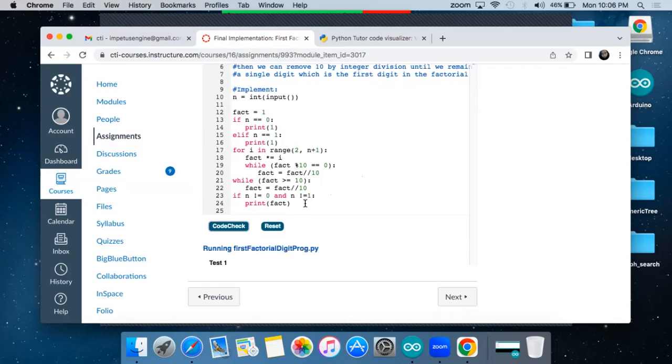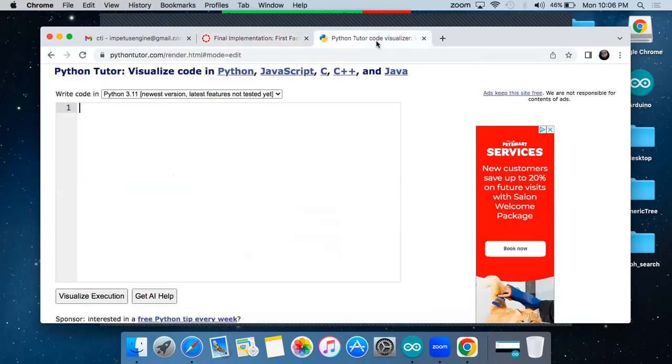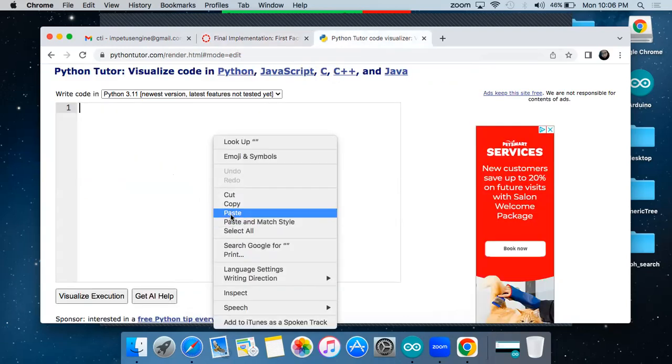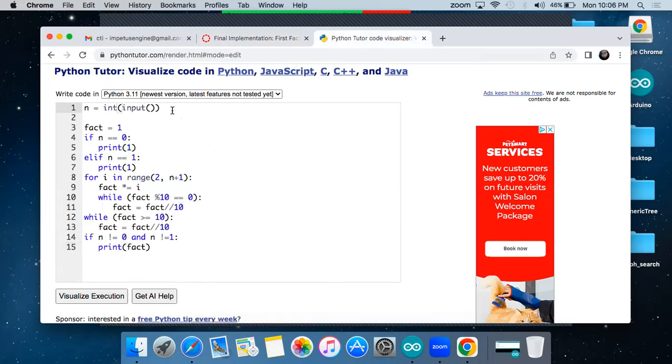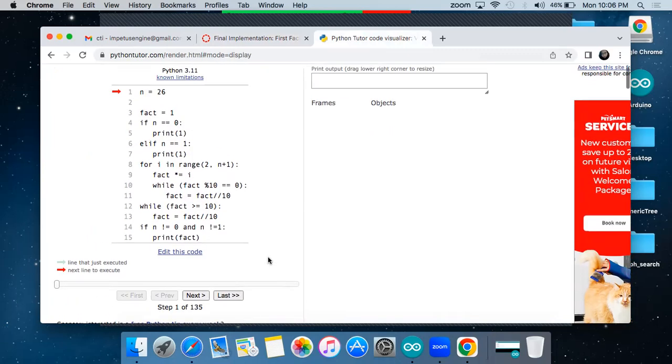So if we review this, we can go over here to Python Tutor to review this. And then we can write 26 to be our number, so we can visualize what's going on.